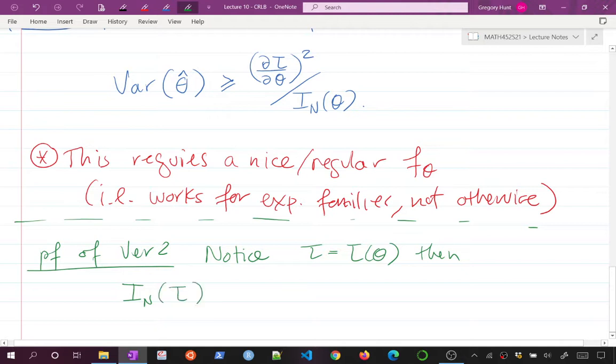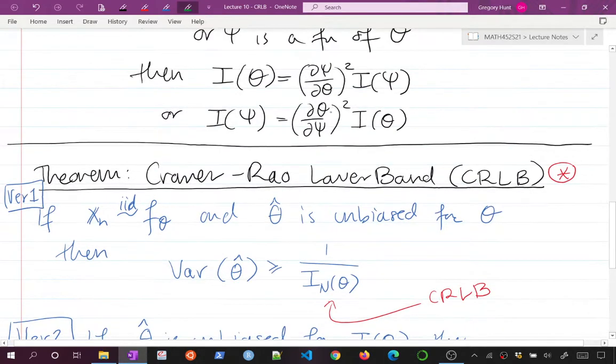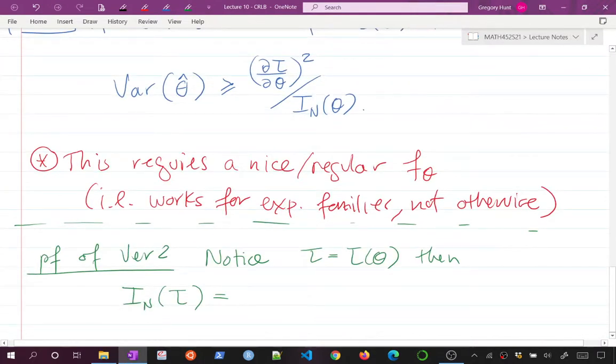The information contained about tau would be, according to our theorem, take a derivative with respect to, how do we want to do this? Yeah, so let's actually do it this way.